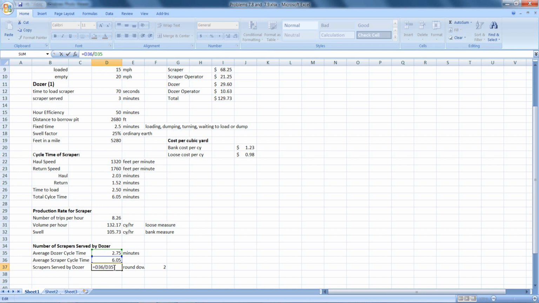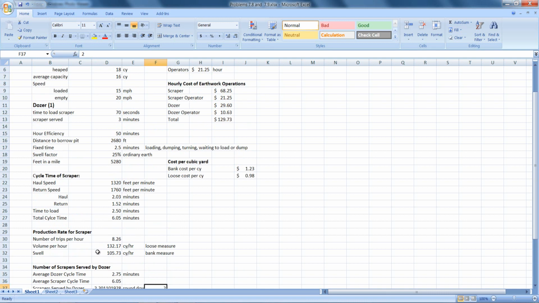What we get is 2.2, and we're going to need to round down, because we don't have 2/10 of a dozer, so we're going to round down to 2. So two scrapers can be served by one dozer.